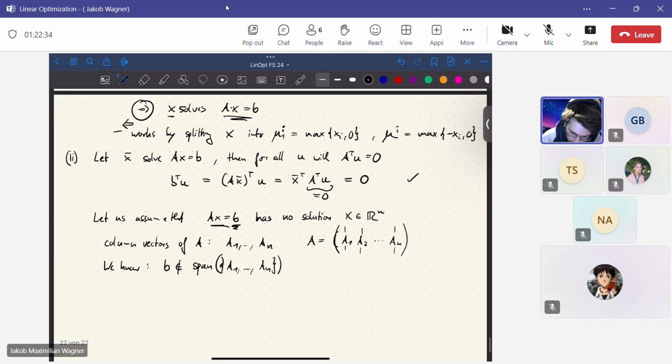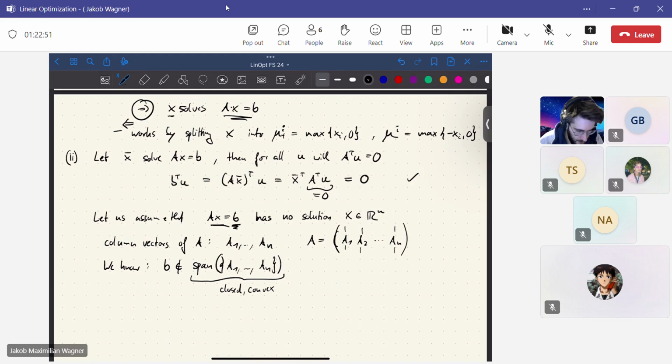So what do we have here? We have here the span of all the column vectors, and this is a linear subspace, and so especially this is a closed linear subspace and it's convex.